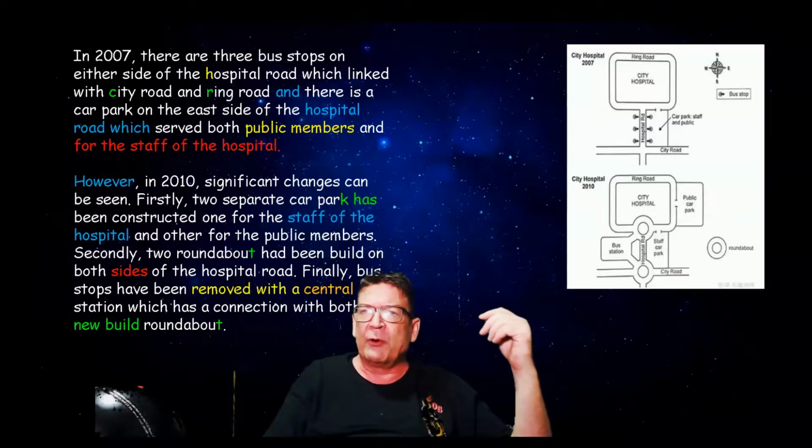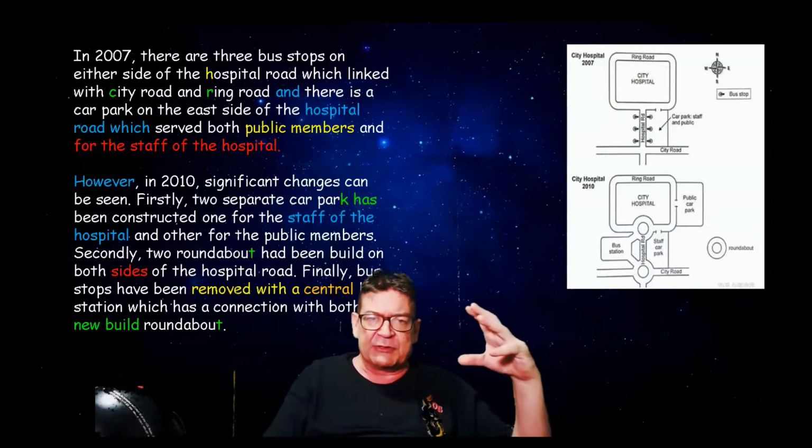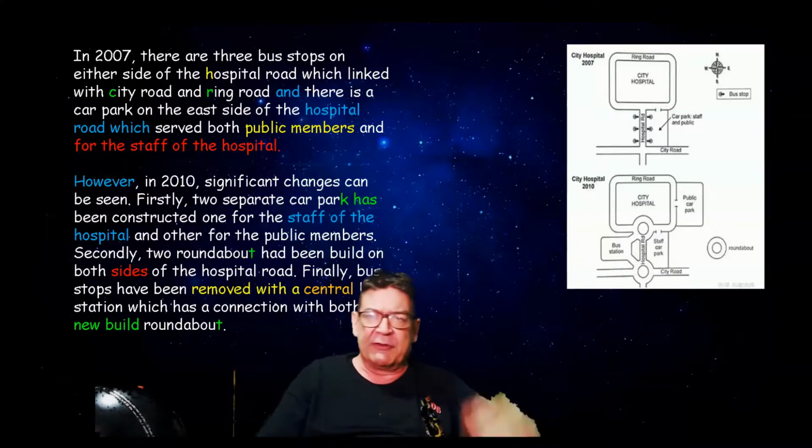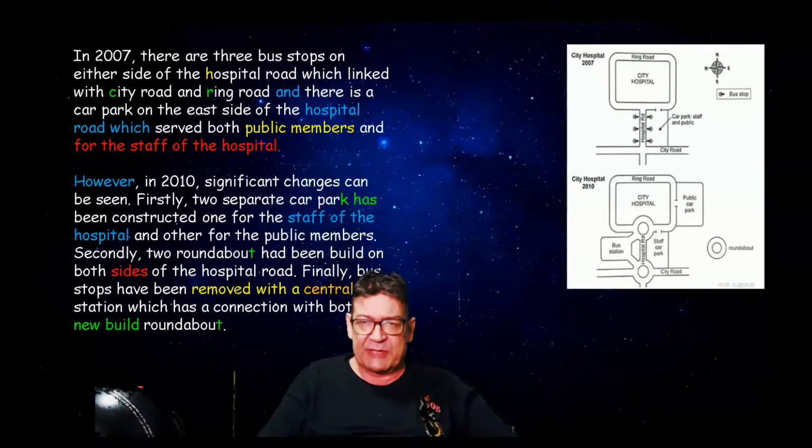You just reported some changes. You can say some changes happened, but I really don't see any comparisons going on here. If you look in the band descriptors, it talks about achieving or addressing at least the requirements of the task, and you haven't done any of them. Sorry to say.